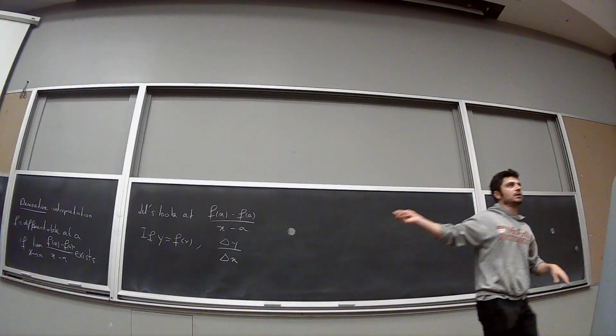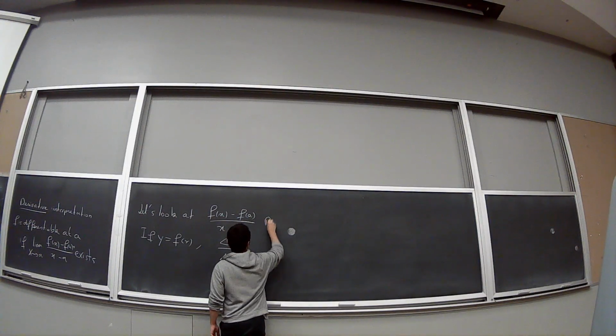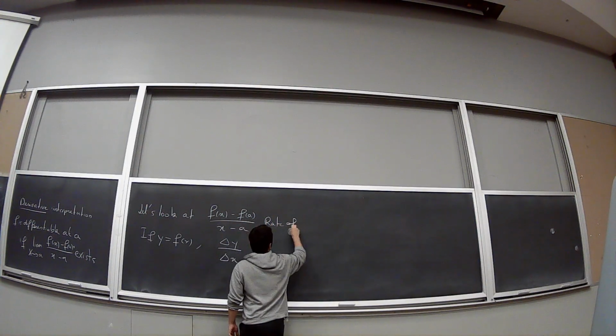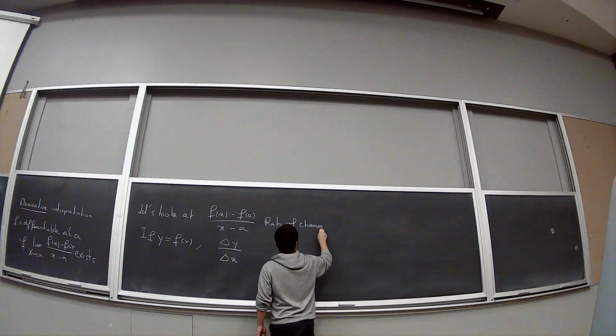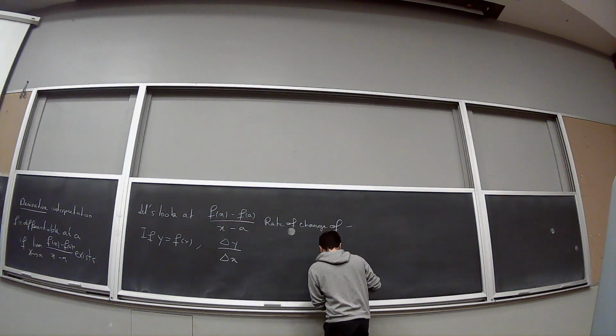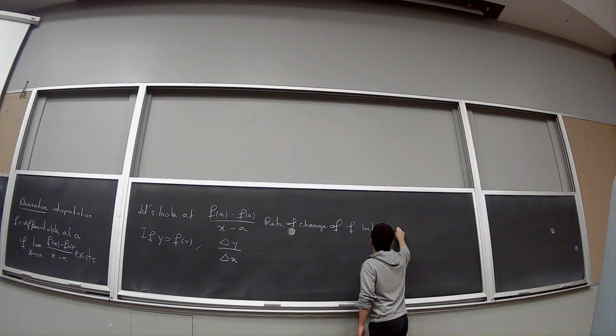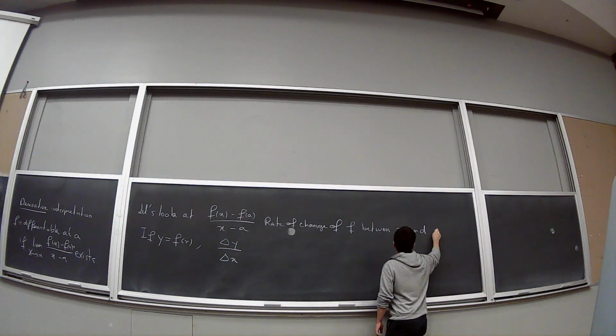Of course, this is not a very clear notation, but this is what we call it. This is the rate of change of f between x and a.